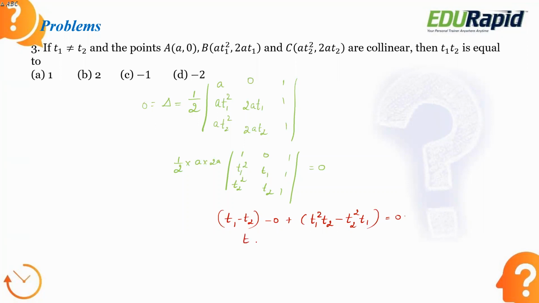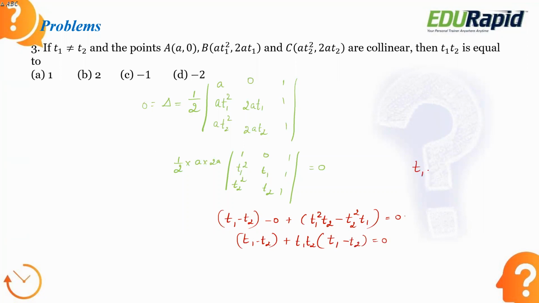So I have T1 minus T2. What's common to both? T1 T2 is common. If I take it out, I'm left with T1 minus T2 is equal to 0.